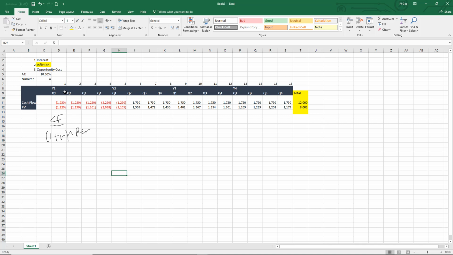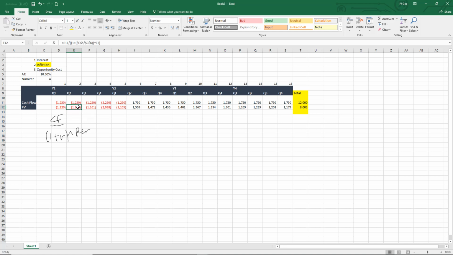Because we pay out 1250 in 90 days when there's a 10% inflation rate going on, in today's dollars it's actually only $1,220. And then the next period, after another 90 days or at 180 days, we pay out another 1250. Well, that's only $1,190 in today's dollars.